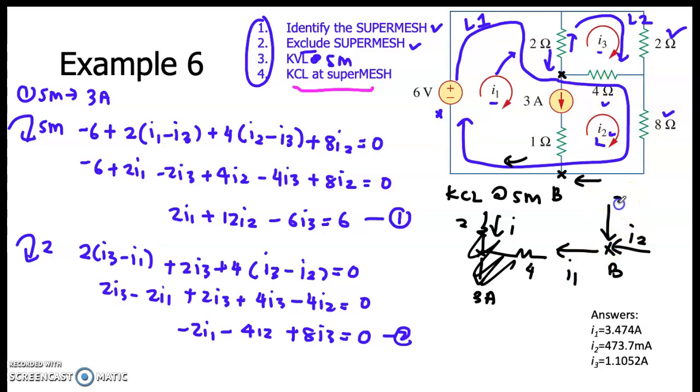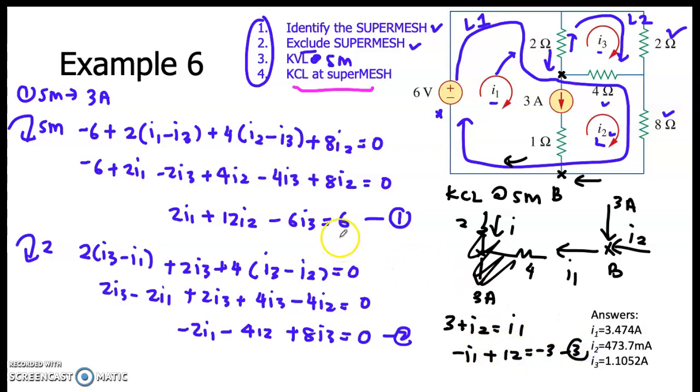There is 3 ampere. So by having the KCL, the current entering B is 3 plus I2, which is equal to I1. So make it a sequence: minus I1 plus I2 is equal to minus 3.